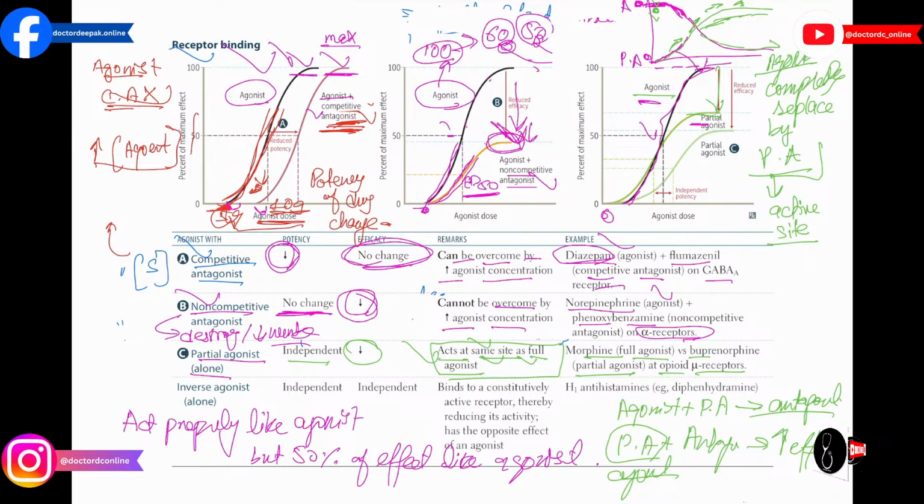I told you that with an inverse agonist, the potency and efficacy are independent and can be decreased or increased, but it binds to the constitutively active receptor, still reducing its activity, and has the opposite effect of the agonist.